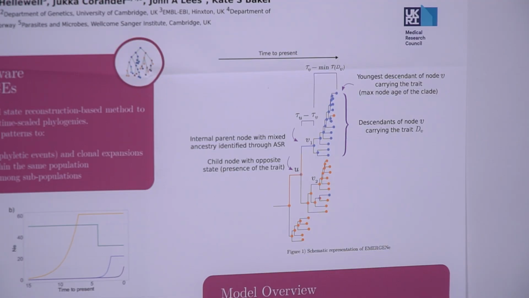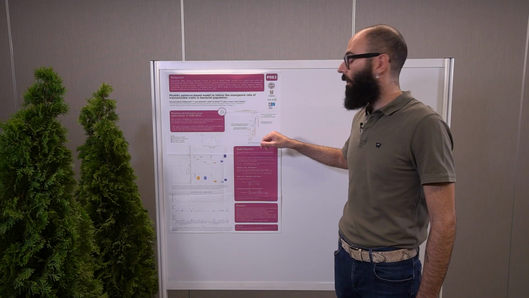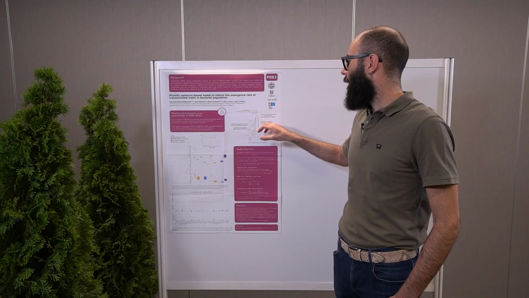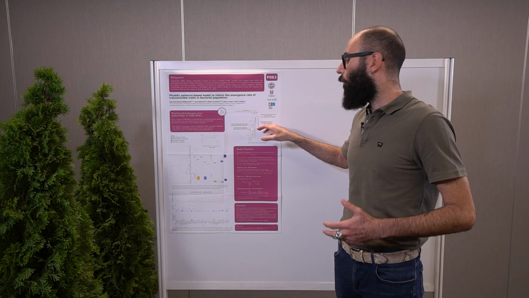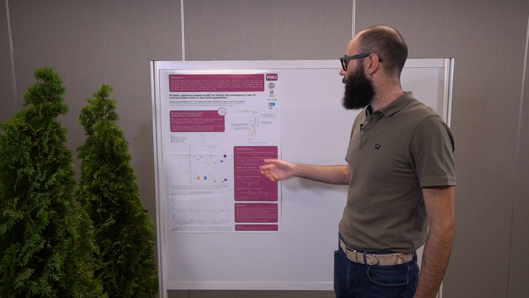And finally, the emergence rate, which is the most significant metric, measuring the evolutionary time that occurs for a trait to be gained and then inherited through its descendants.